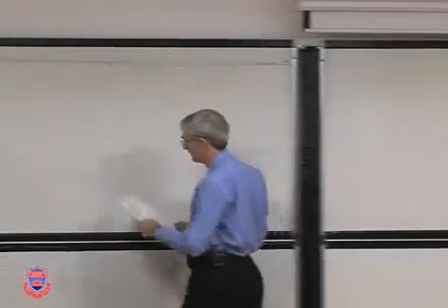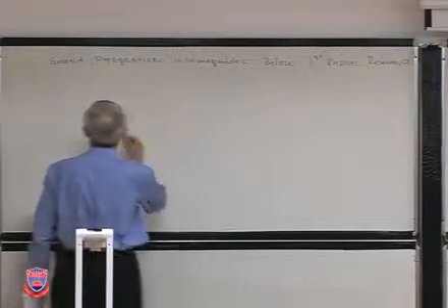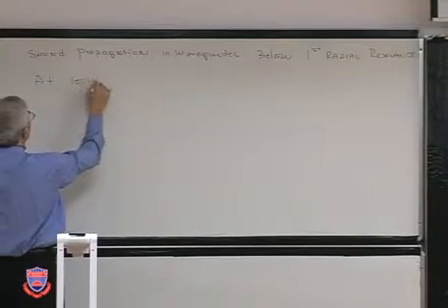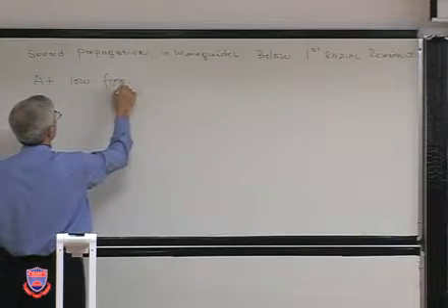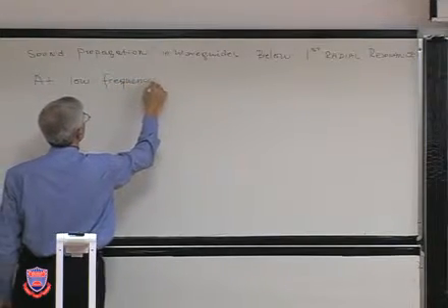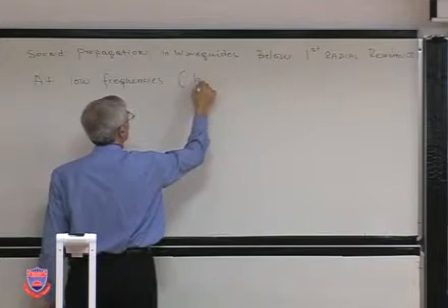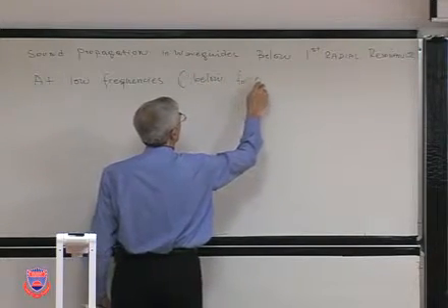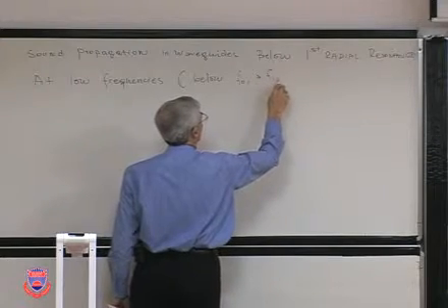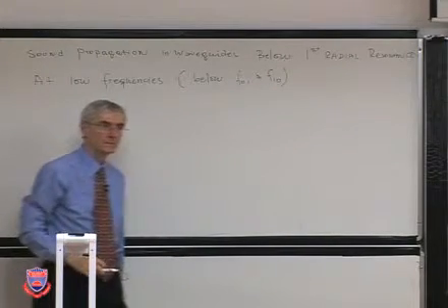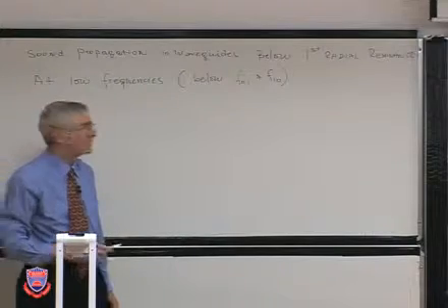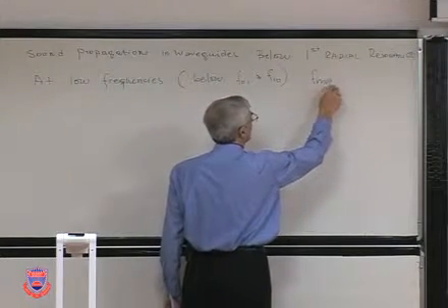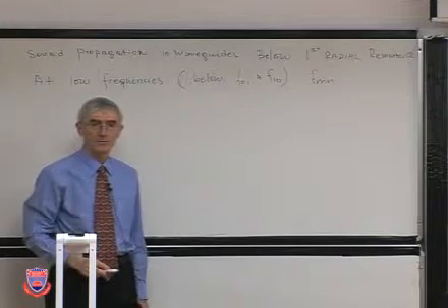Okay, so just make a note at low frequencies, below F01 and F10. They refer to the modal frequencies, FMN.